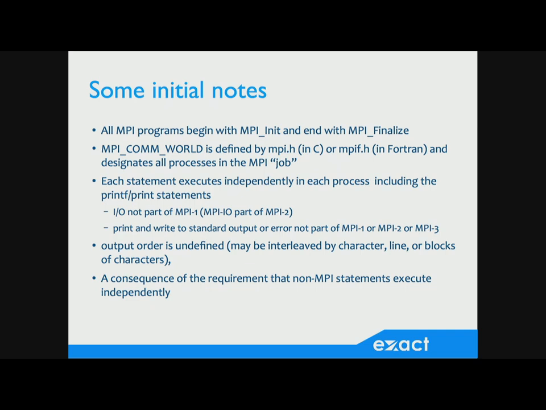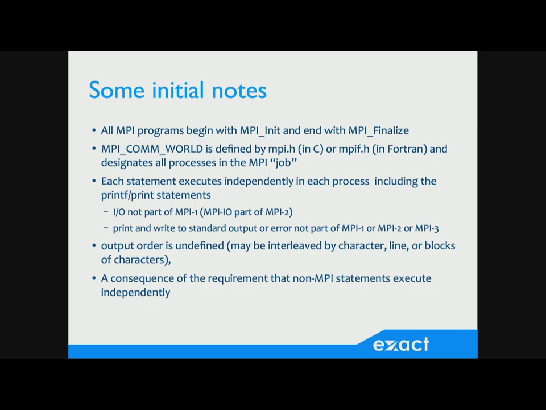Okay? So MPI_COMM_WORLD is a default value that, if I do an mpirun with -np 4, actually involves all the 4 processors that I'm starting to play with. Okay?